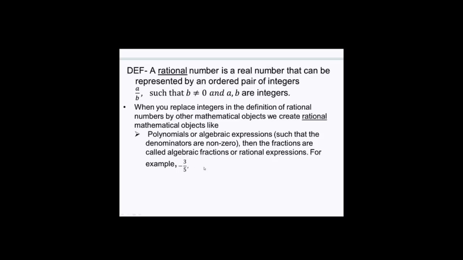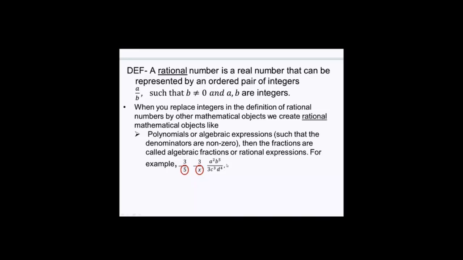For example, if you have the fraction -3/5, here's a rational number where numerator and denominator are integers. What if I replace this 5 with an x? So this x is now a variable or an algebraic expression, and we say we now have created a rational expression or an algebraic expression or algebraic fraction.